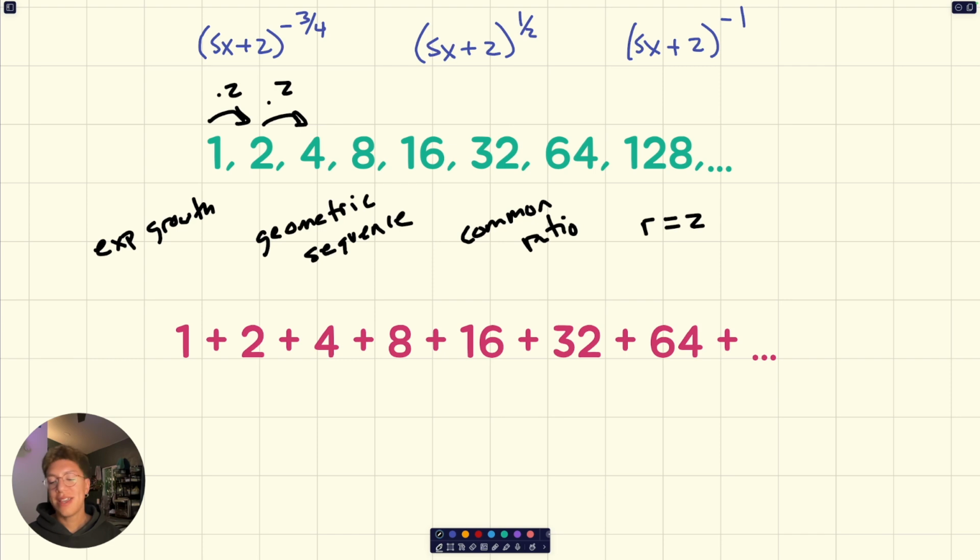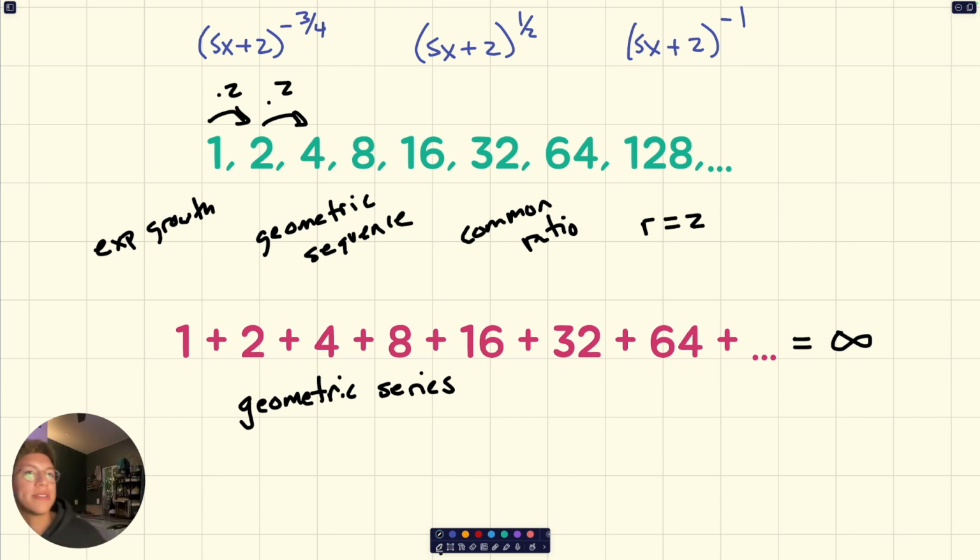If each number is bigger than the last number, then this sum, if we keep adding terms to infinity, is just going to get larger and larger. This sequence of numbers all added together has a specific name, and we call this a geometric series. If the sequence of numbers gets larger and larger, the sum of adding all these numbers together is also going to get larger and larger.